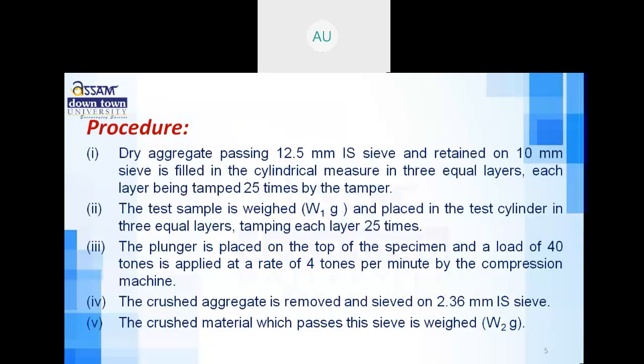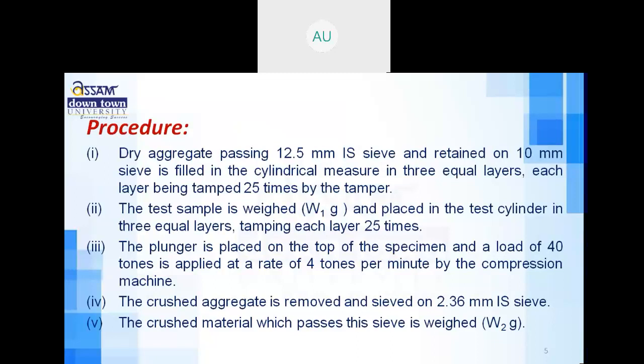Then the test sample is weighed and the weight is noted as W1 gram. Then the aggregate sample is placed in the test cylinder in equal 3 layers, tamping 25 times with the tamping rod.